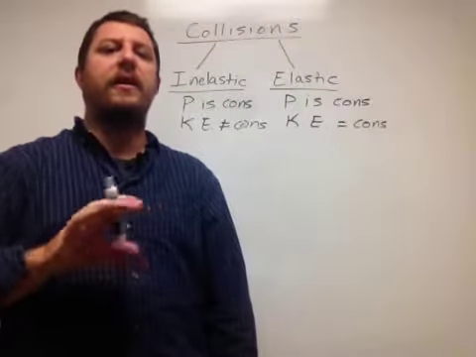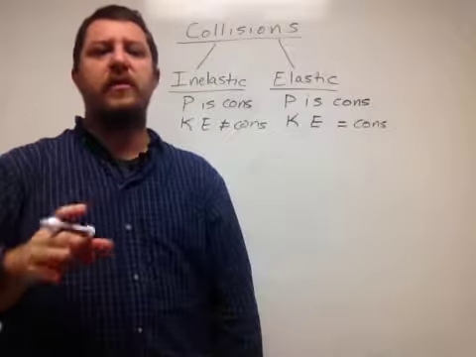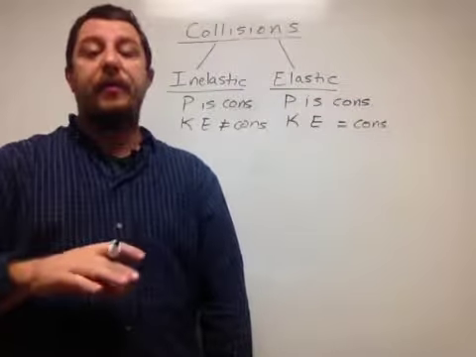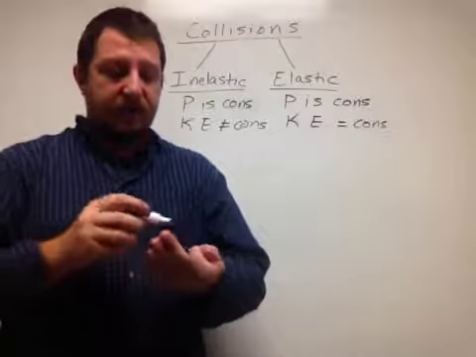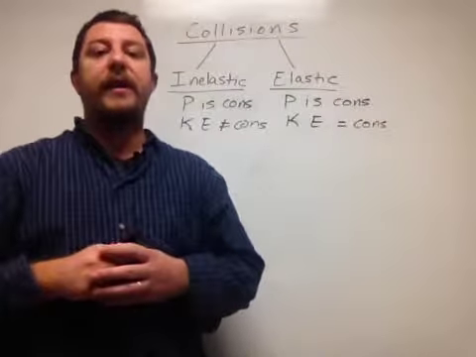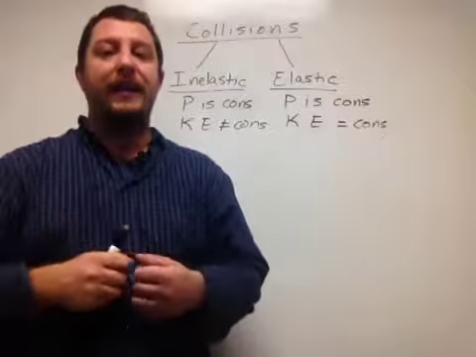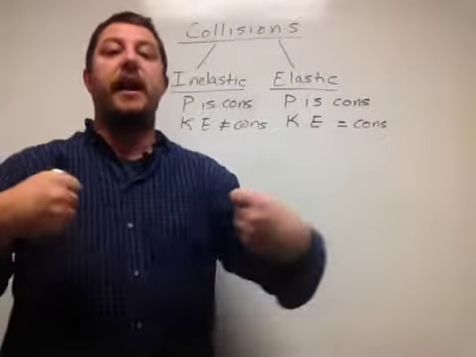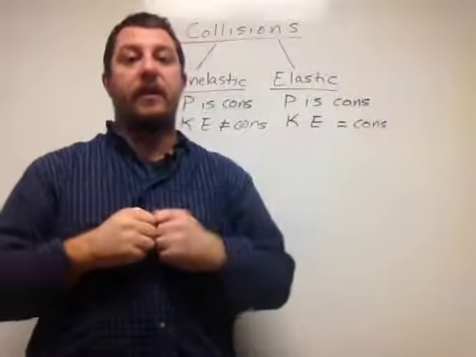Either way, at least at our level, the two statements are essentially the same thing. Now, behaviorally, what does this mean? The difference between a truly elastic collision and a truly inelastic collision is that in an elastic collision, the objects will bounce off of each other.